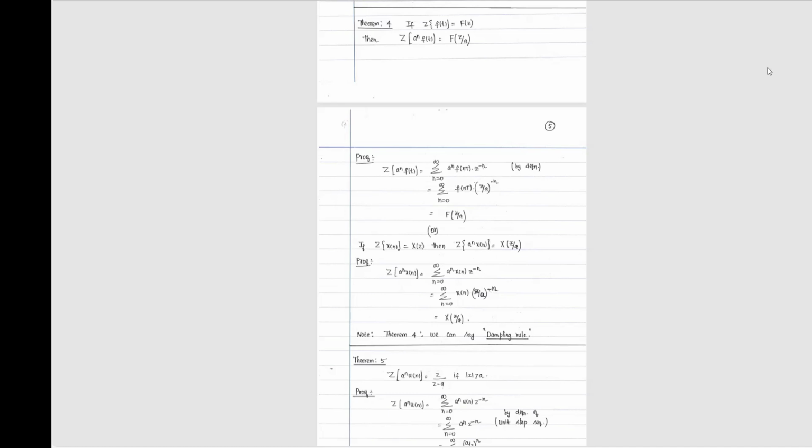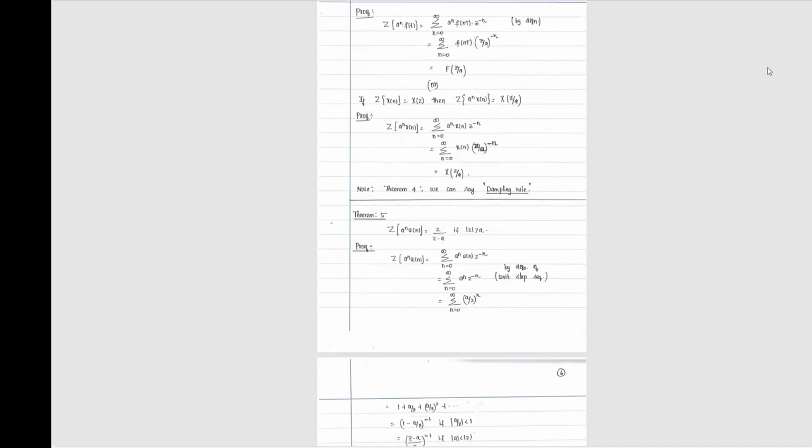By using the definition, we have the coefficient a to the power n of f(t), but we don't take this outside, because we have a to the power n, so we need to put the value of n here and find the expansion. Here we are using the formula summation n equals 0 to infinity a to the power n, f(nT) into z to the power minus n.